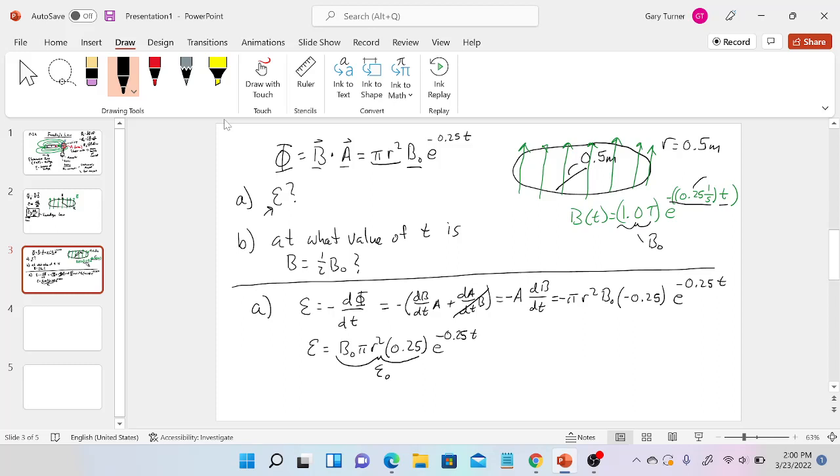And you can plug in the numbers, right? If I were to give you numbers, you could come up with a number for any question I could ask. But what about part B?